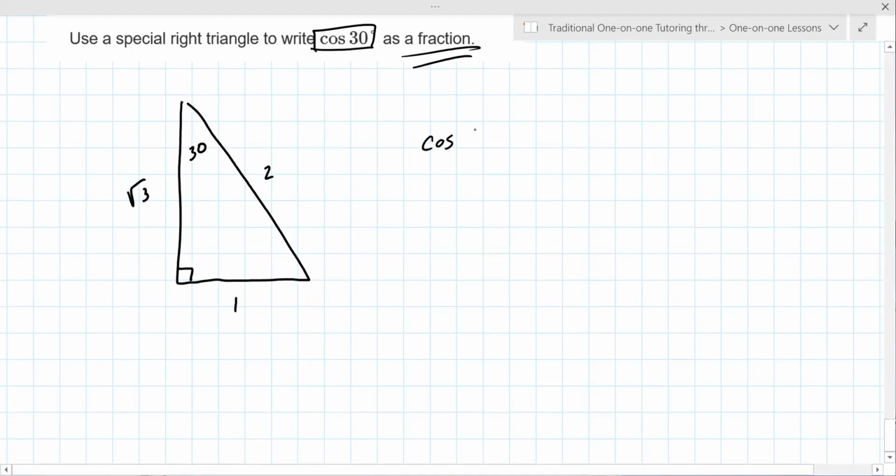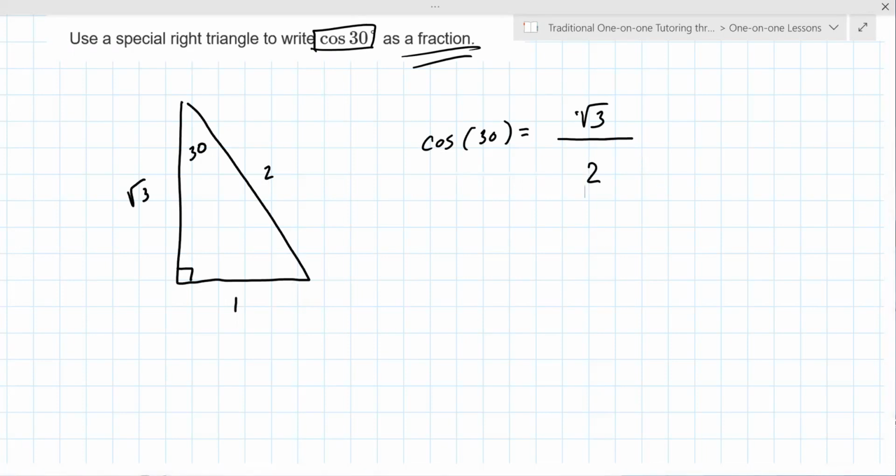Do you have your final answer? For cosine, it is adjacent over hypotenuse. So my adjacent is square root of 3 over 2. That's your final answer on that one.